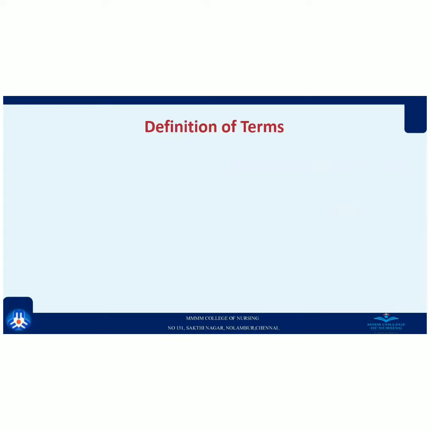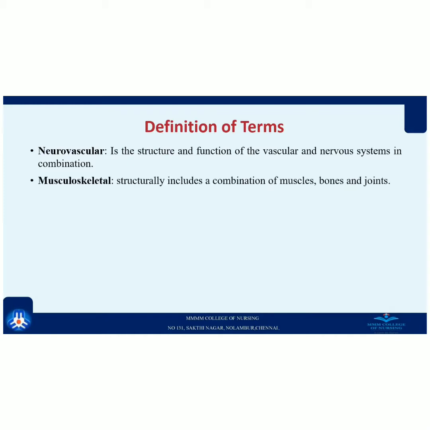Before going into the components of the assessment, let us have definitions of certain terms. Neurovascular. It is the structure and function of the vascular and nervous systems in combination. Musculoskeletal.